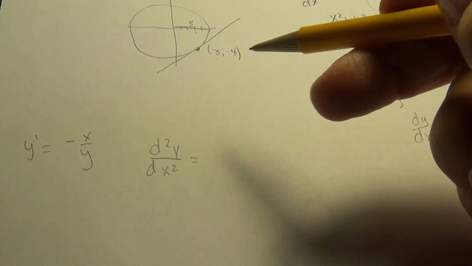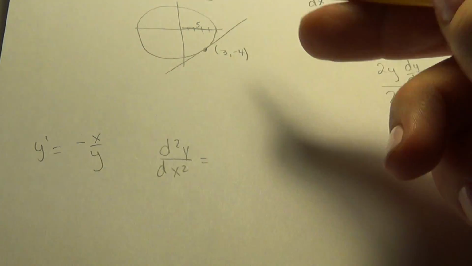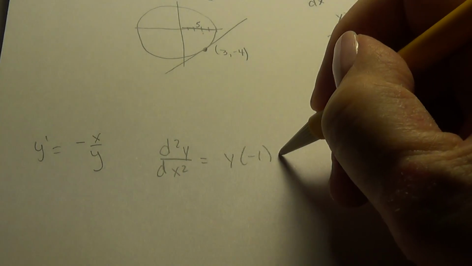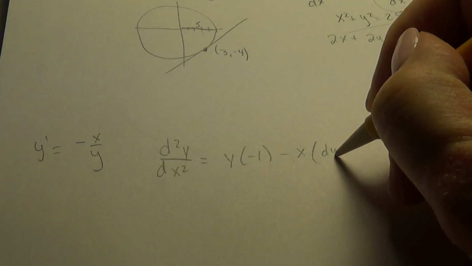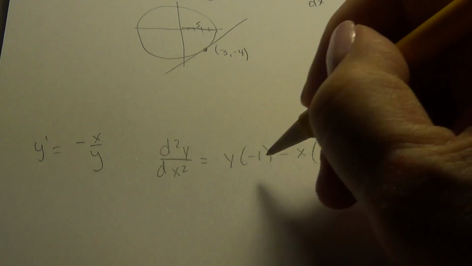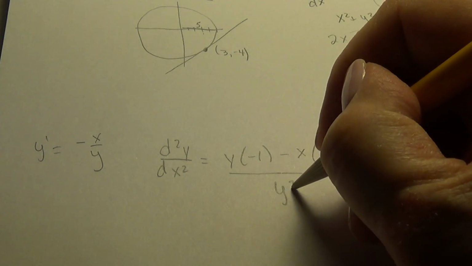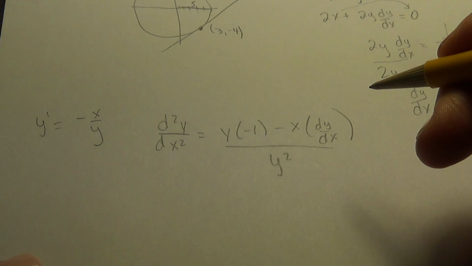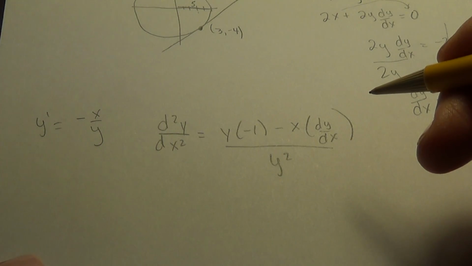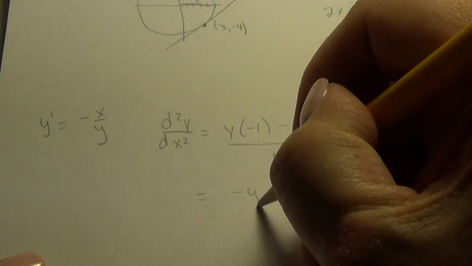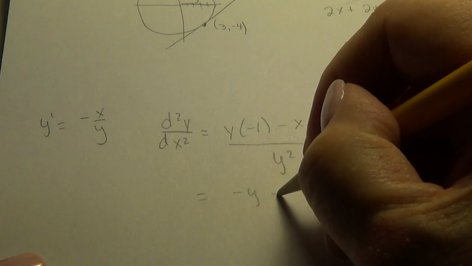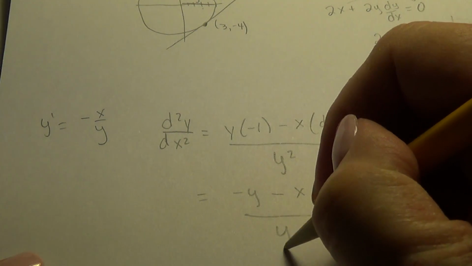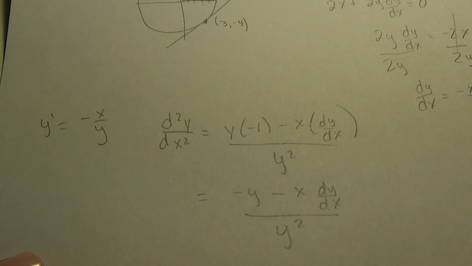It's a quotient, so we do the bottom times the derivative of the top, minus the top times the derivative of the bottom, all over the bottom squared. Clean it up a little bit on the top and we get negative y minus x dy/dx over y squared. Wasn't much to clean up really.